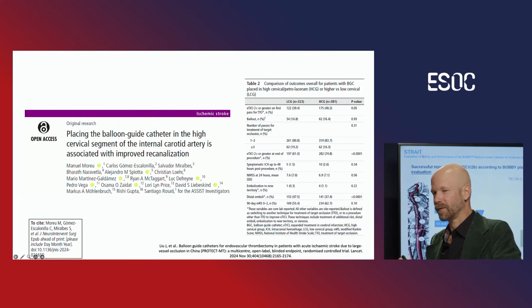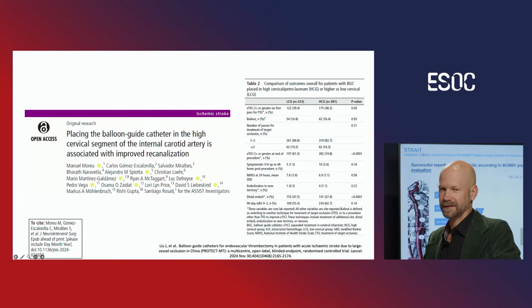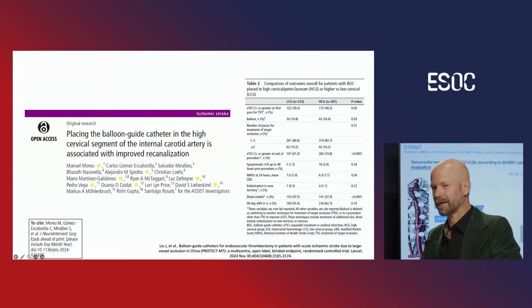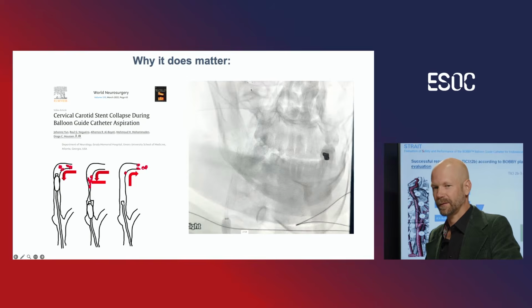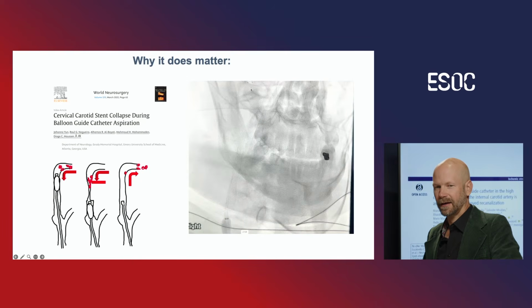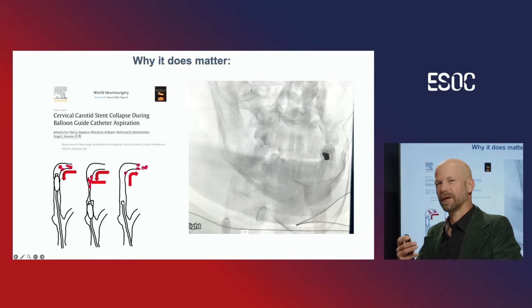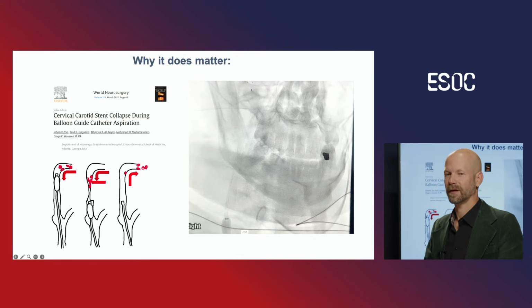And the reason for this effect on outcome and reperfusion is probably that if you place the balloon in the high cervical segment, then the ICA is fixed in the petrous canal. So if you then aspirate, you can really create backflow.